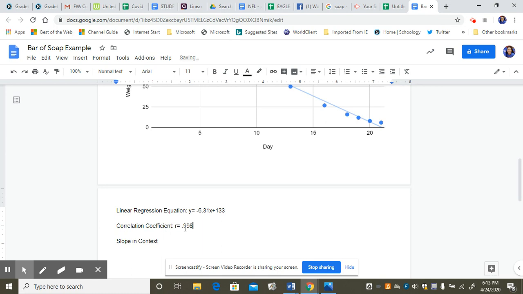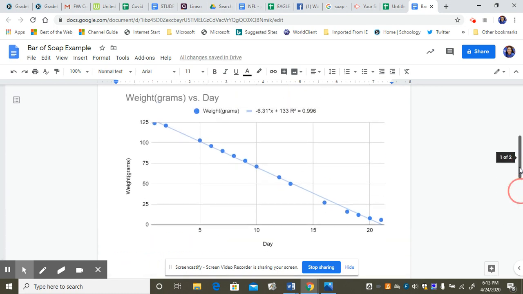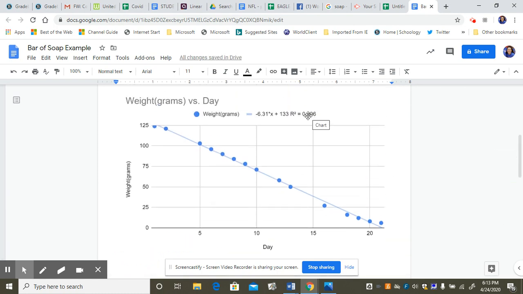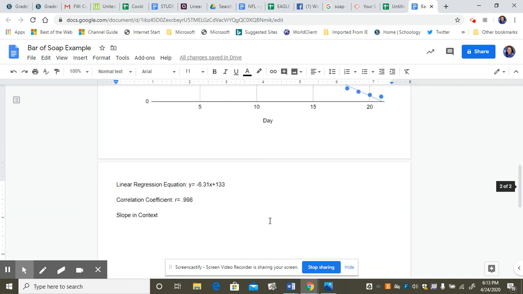And is it a positive or negative correlation? If you take the square root of this number, it could be positive or negative. So I almost missed that. I would actually want to say that my correlation is negative 0.998. Okay, let's describe the slope in context. Remember, X is days and Y is weight of the soap in grams.